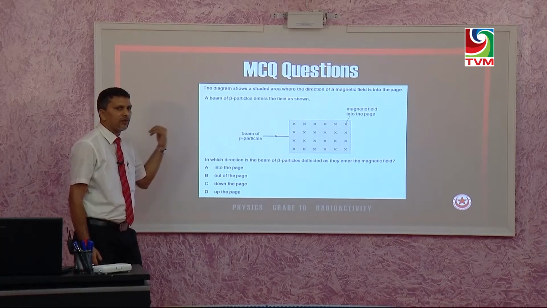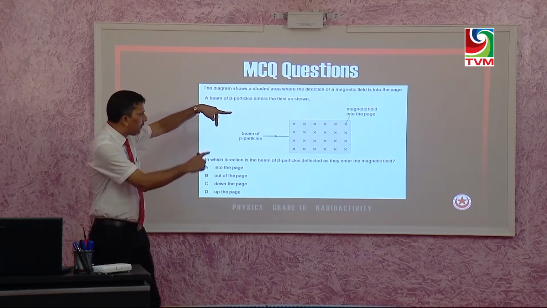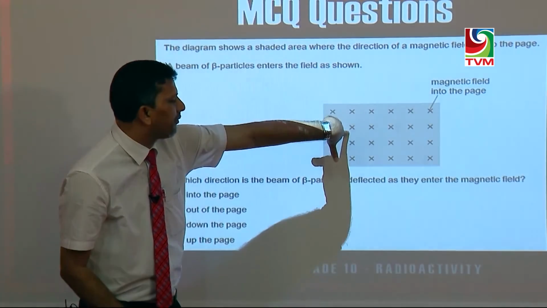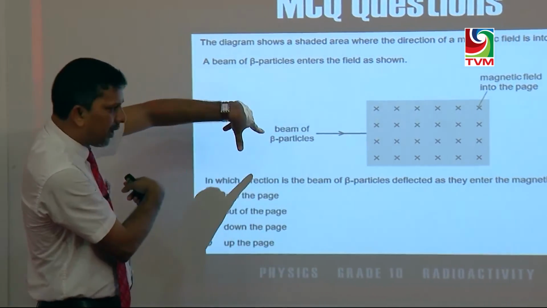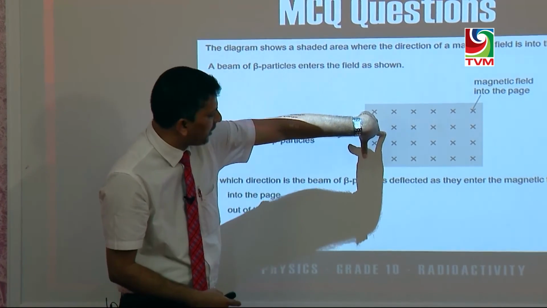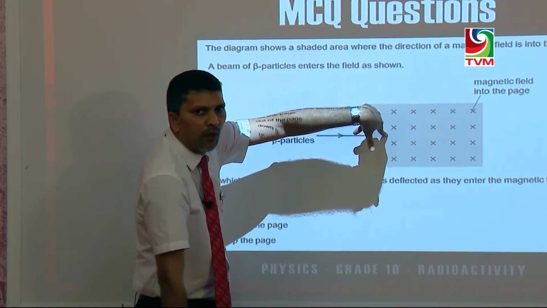So we have to keep our fingers this way. Magnetic field is into the page, current is opposite to the beta particle direction, and the force direction we have to check. The force is downward.